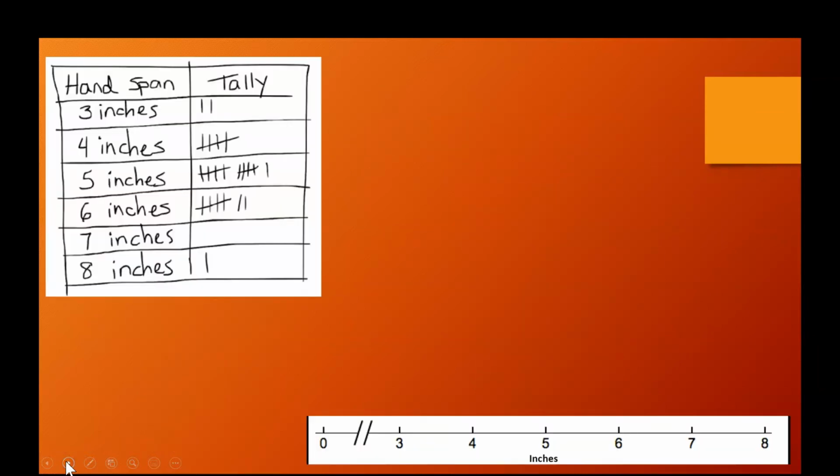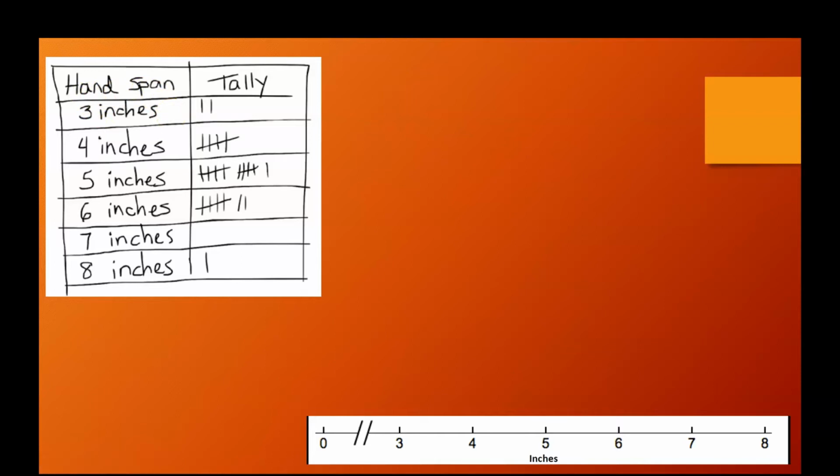All right, we're working with our tally marks here again, and we also have a number line. We're going to work on charting data on a number line here. So here I have handspan. Yesterday we measured our handspans and we made a chart.